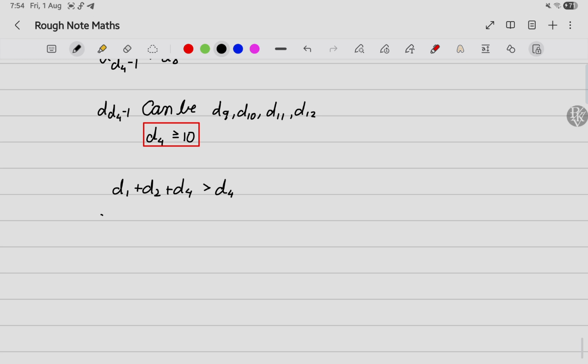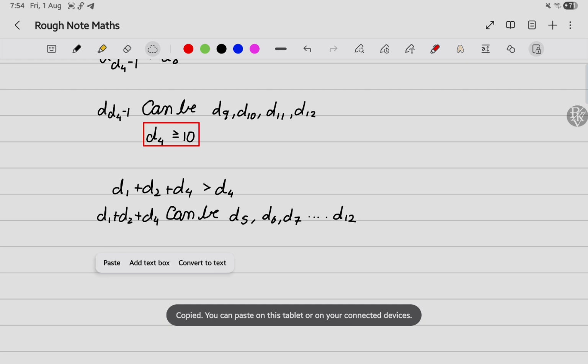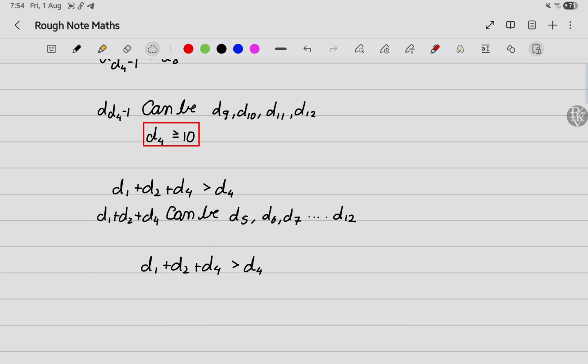So we know that d1 plus d2 plus d4 can be d5, d6, d7 and so on up to d12. But what we have to note in this case is the fact that we can multiply both sides by d8.